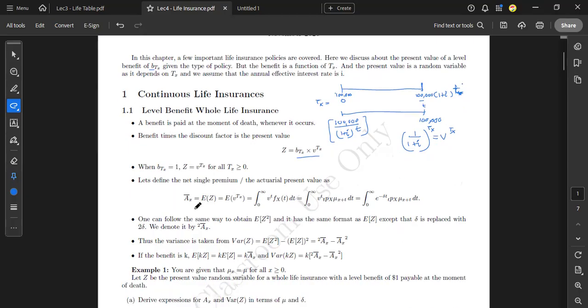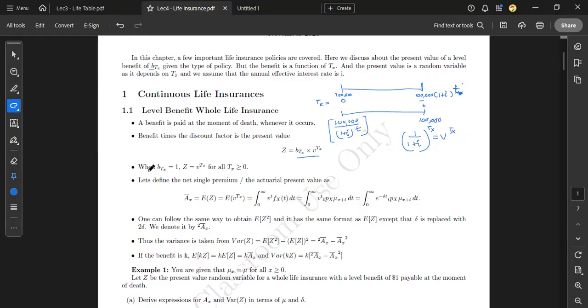So most of the time, for the ease of calculation, we consider this b_t(x) as 1, and then the Z becomes the known present value random variable, which is coming from that interest theory, which is 1 over 1 plus i. And when this b_t(x), or the benefit function, becomes a constant, we call that the level benefit.